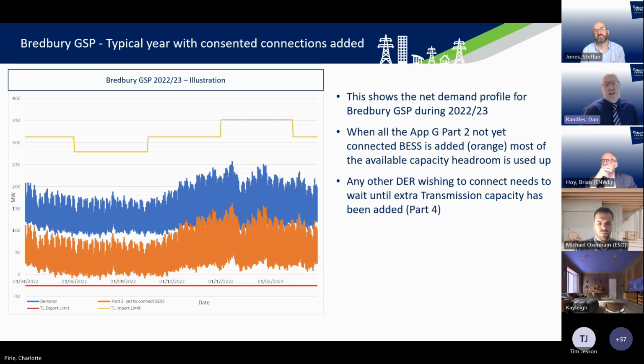And you can see that the majority of the headroom that was available has now disappeared because the battery is now connected, although there is still some headroom remaining. It's just not as much as previously.